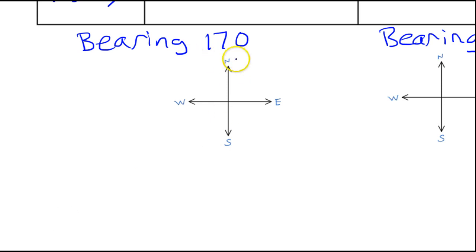A bearing means that you start from north. A bearing of 170 means you start from north and you measure your angle clockwise like this. A bearing of 170 would be in the fourth quadrant, and so my vector is going to be something like this. And this is my 170 right there.